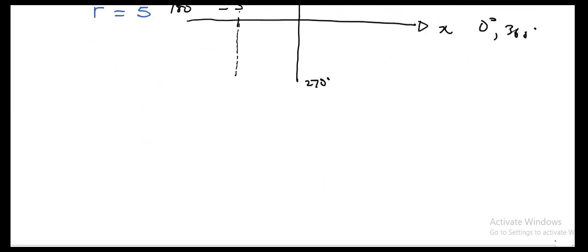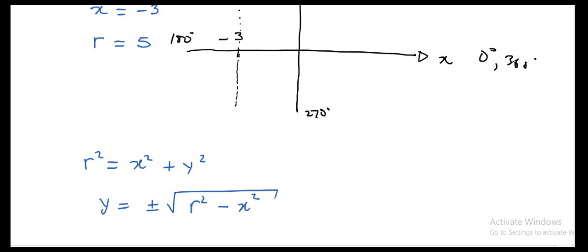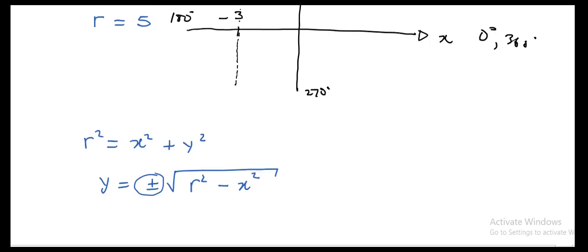We know the relationship that r squared equals x squared plus y squared. We are looking for the value of y. What will be y? y will be plus or minus the square root of r squared minus x squared. Why did I put this? I will explain, because they will give us the condition. x and y can be positive or negative.